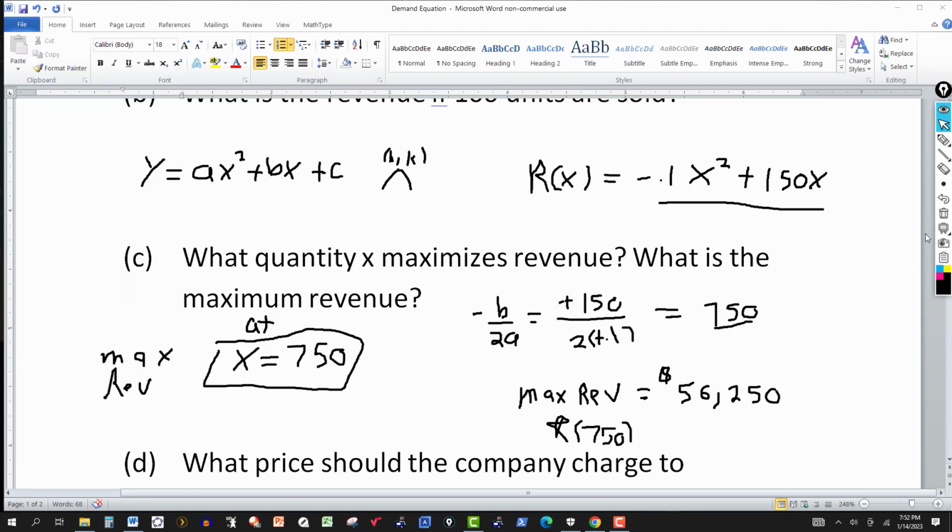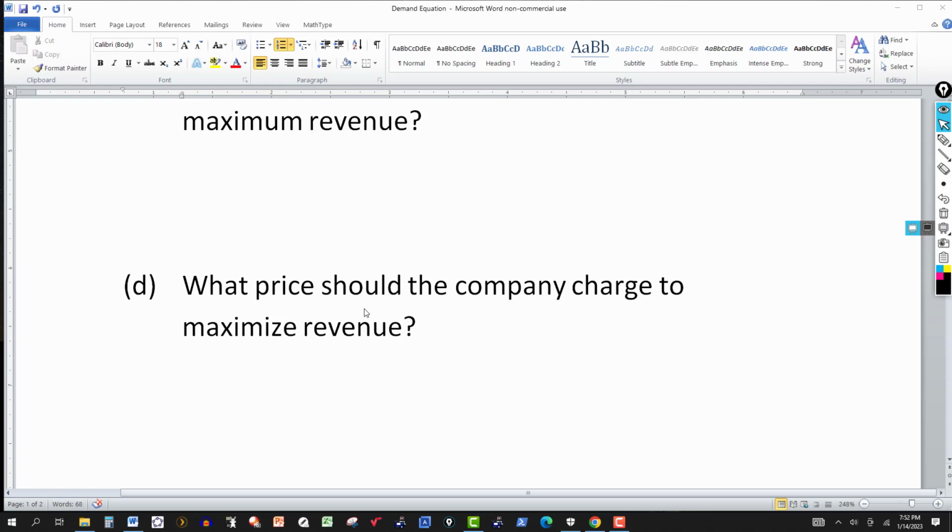Okay, so now we clear this. What price should the company charge to maximize revenue? What should the price be? Well, we know from the previous part that 56,250 is the maximum revenue, and we want to find the price per item. We know that the number of items that maximizes the revenue is 750. So we need 750 items to generate that revenue.